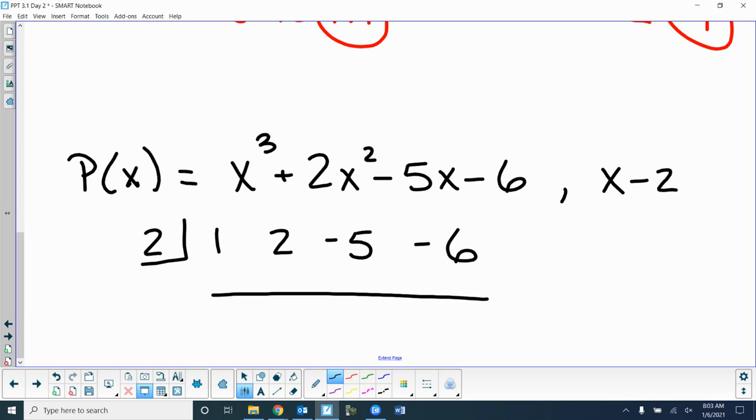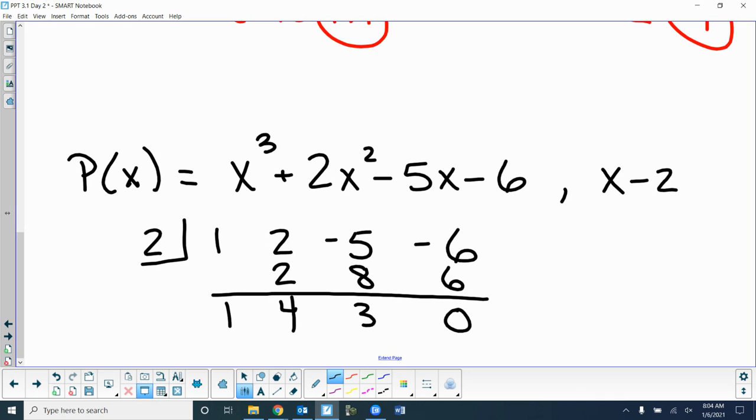Okay? So I drop my 1, and 2 times 1 is 2. Remember, we add these, so that's a 4. 2 times 4 is 8. When I add these, I get a 3. And 2 times 3 is 6. When I add these, I get 0. Okay? So, are we going to say this is a factor of that, or are we going to say it's not?